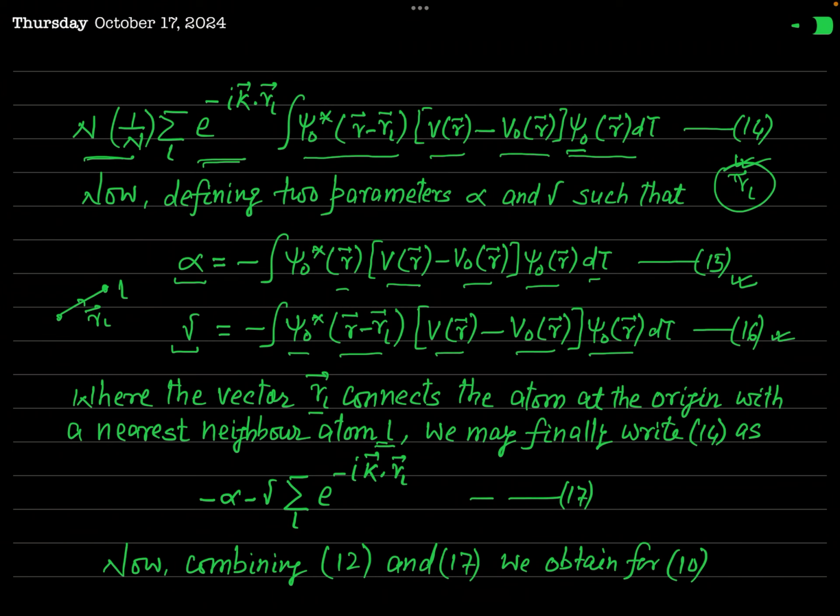In the light of these two equations, 15 and 16, you can now write equation 14 in terms of alpha and gamma.